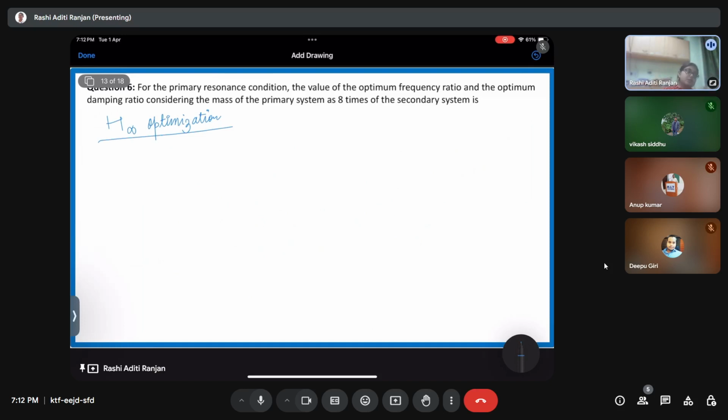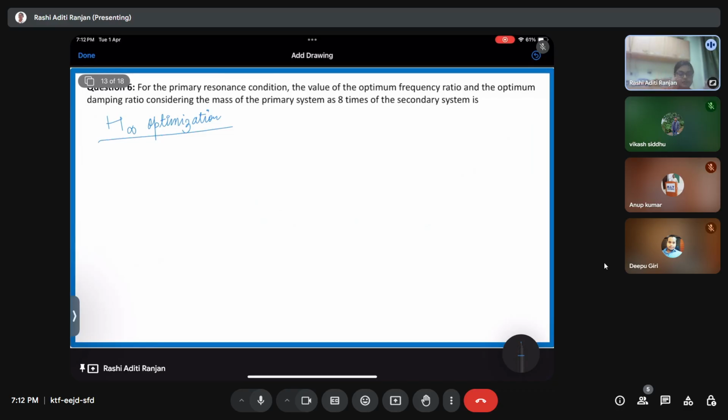The frequency ratio is affecting, the damping ratio is affecting, and then we have the stiffness, we have mass. So how do we decide what should be the mass, stiffness and damping so that I get the minimum amplitude of vibration? That is why we use the optimization technique.